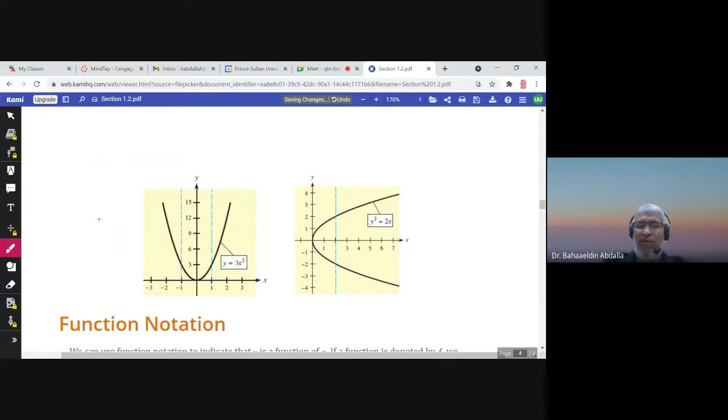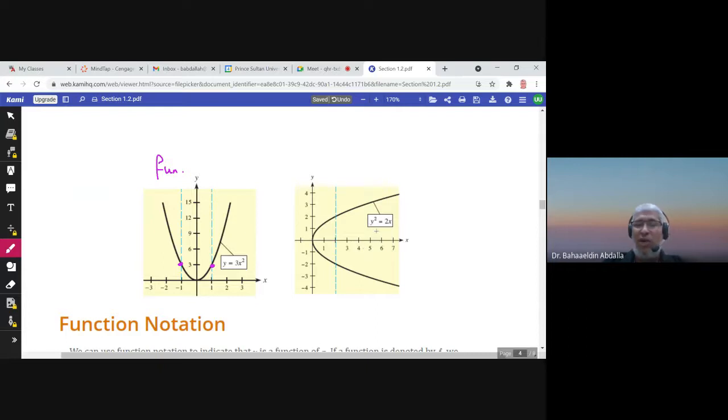So you have this graph, for example, you draw vertical lines. If each vertical line intersects the graph in no more than 1 point, only 1 point, then it would be a graph of a function. So this is a graph of a function. This is y equals 3x squared.